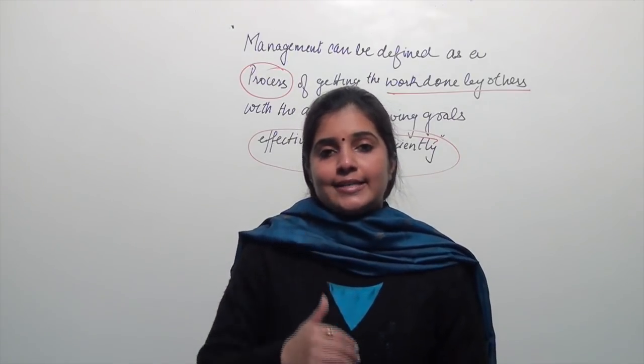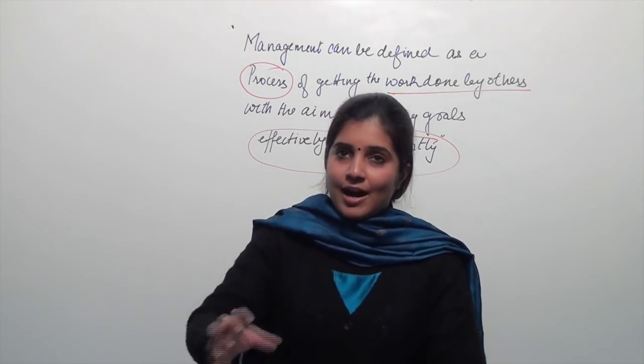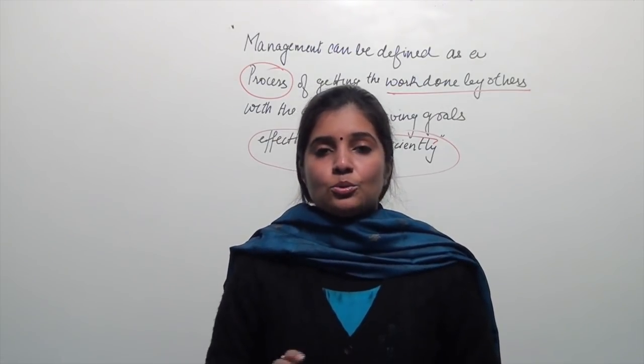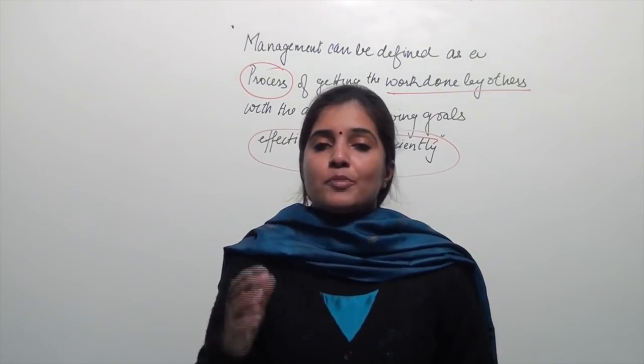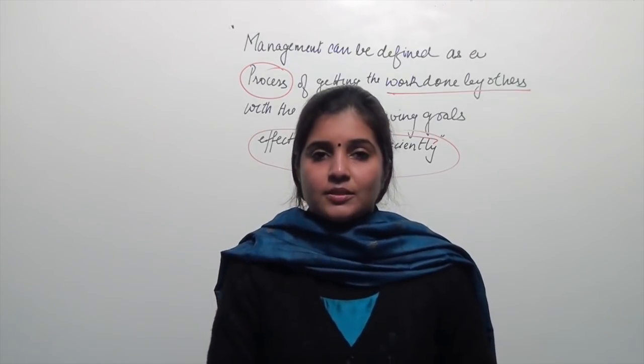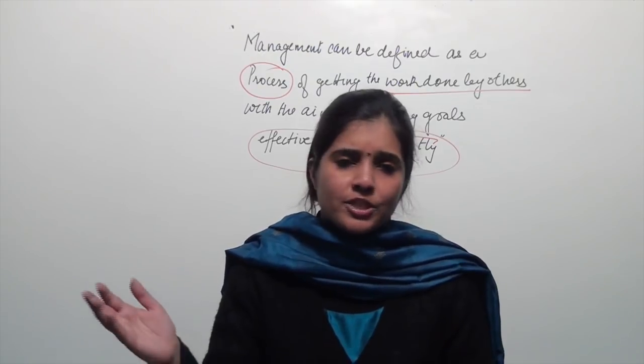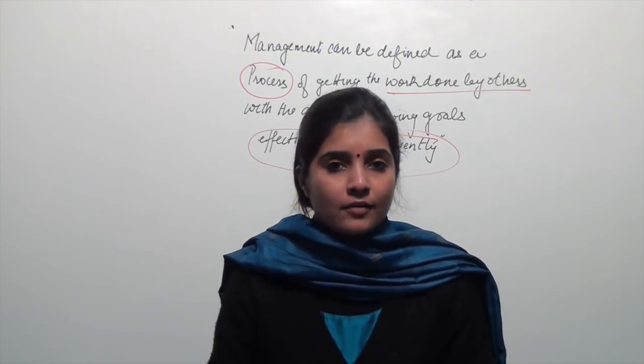We take an example that I send one of the employees of my organization to, let's say, fetch some sweets from the market which have to be distributed amongst the staff.